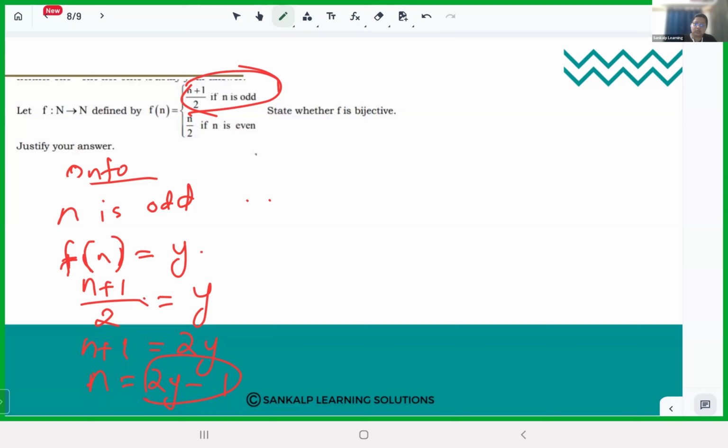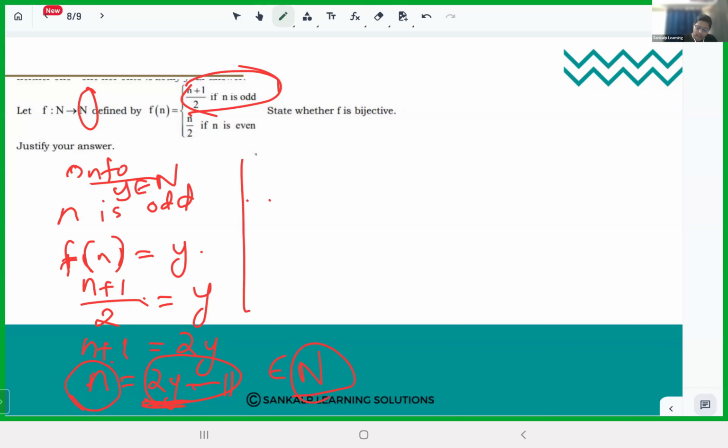So what can you say about this 2y minus 1? Since we have taken y from N, the set of natural numbers, 2 into a natural number will definitely be a natural number. If you subtract 1 from that also, it will definitely be a natural number. So clearly this n belongs to the set of natural numbers.